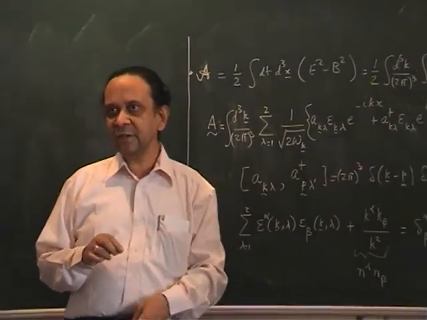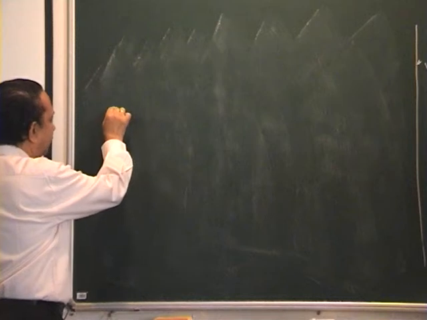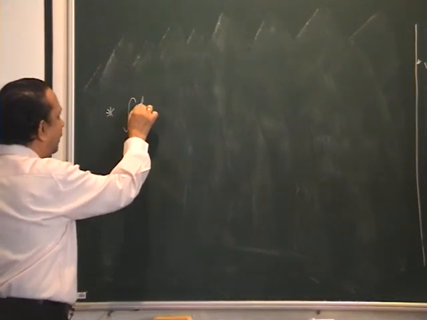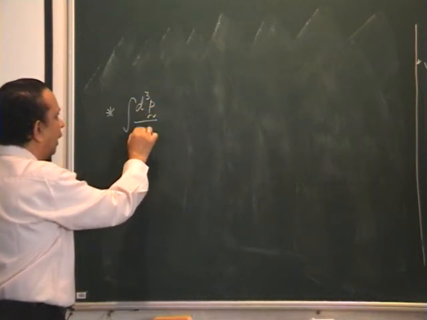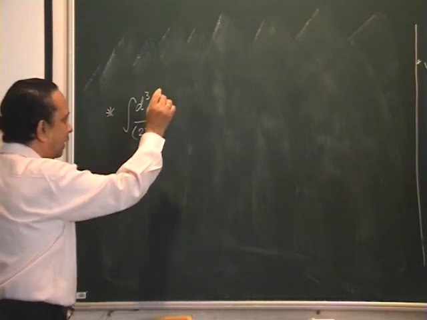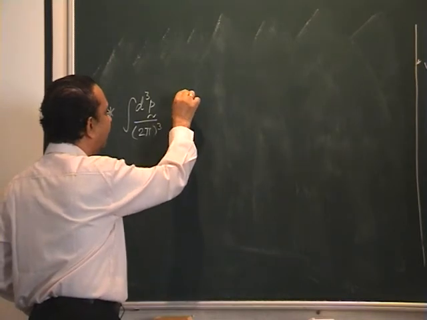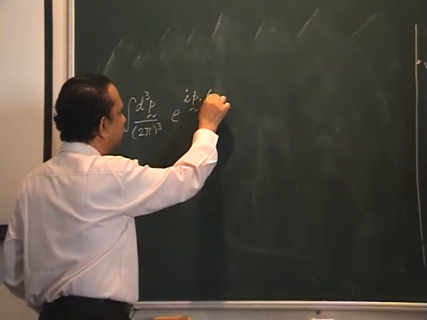And when you did it for the scalar field, what you would have got for the commutator would have been a structure like integral d3 of any one momentum upon 2 pi the whole cube. Then all the commutators will finally reduce to e to the i p dot x minus y.